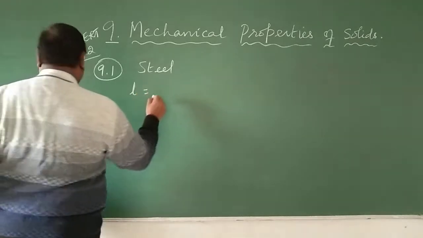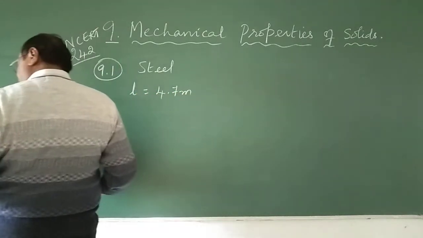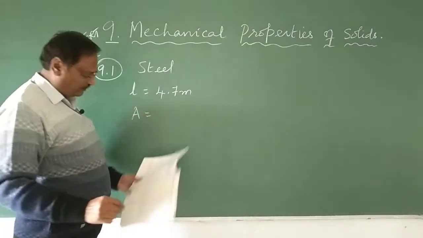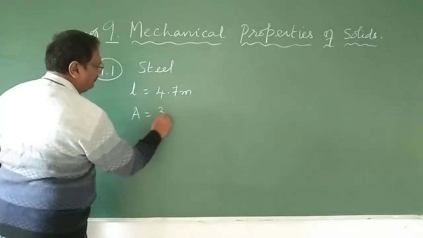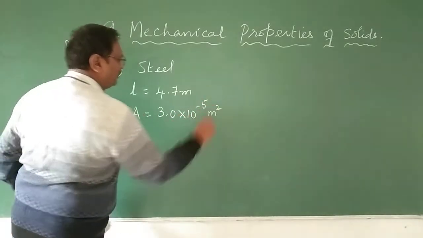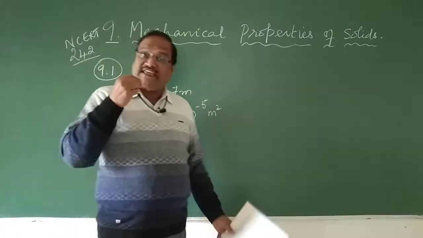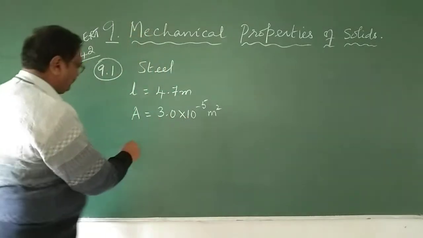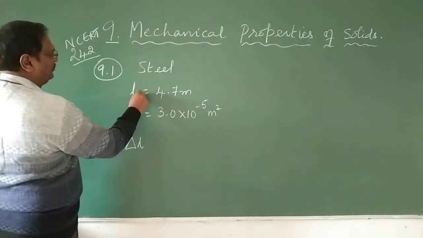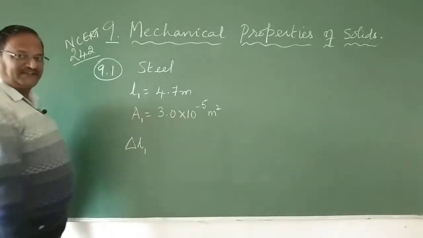Length of this wire is 4.7 meter, and cross-sectional area A is equal to 3.0 into 10 power minus 5 meter square. Okay, stretches by the same amount. That means the change in length is same. Let us say for steel length 1, area of cross-section 1 and change in length is 1.